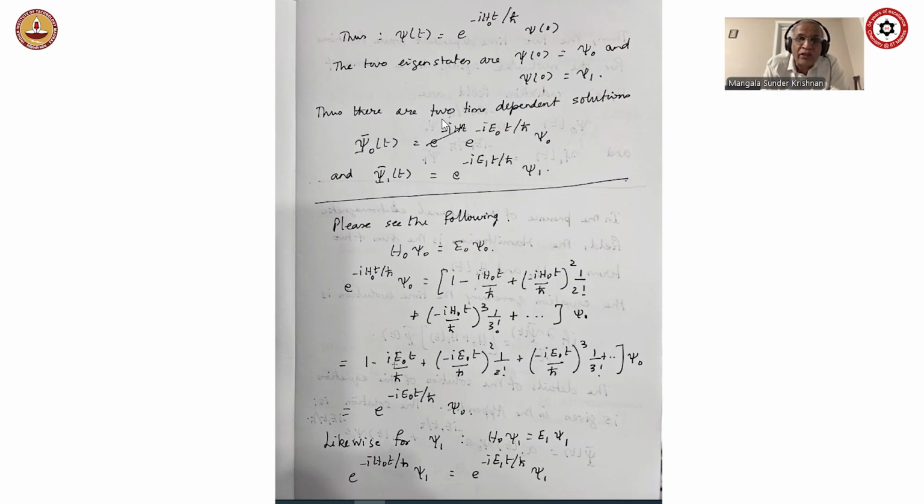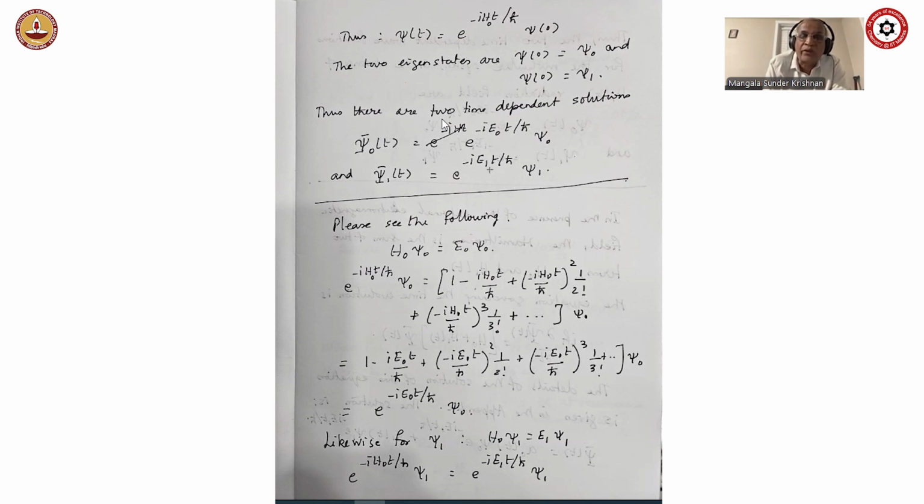So you will get this expression 1 minus i E naught t by H bar. Thus H naught is replaced by E naught acting on psi naught. So exponentially you will get the same answer, e to the minus i E naught t by H bar psi naught. That's what goes through.